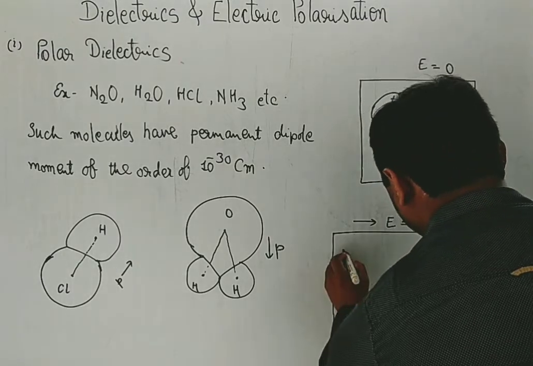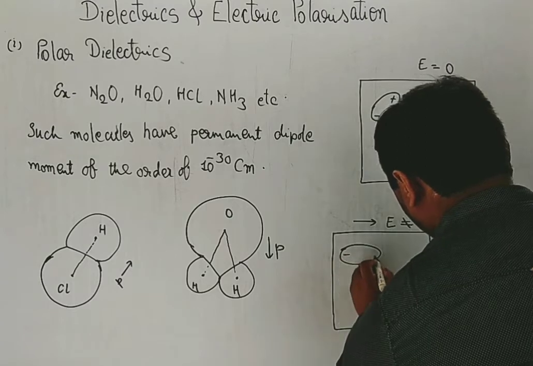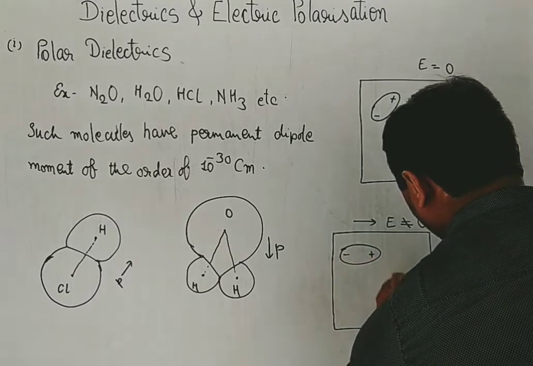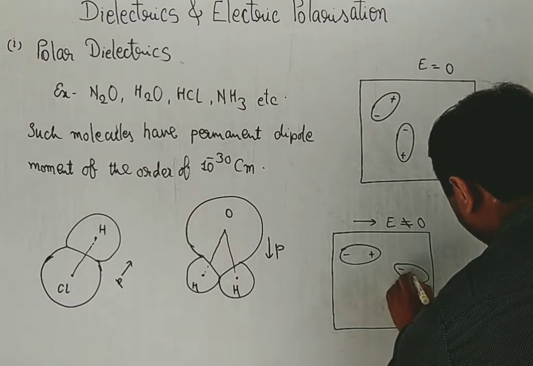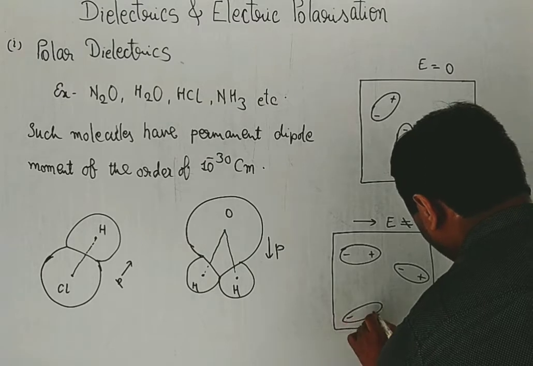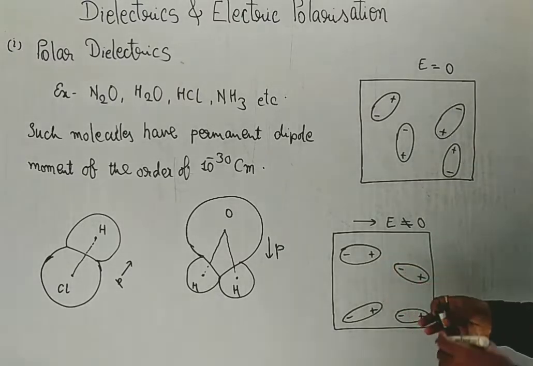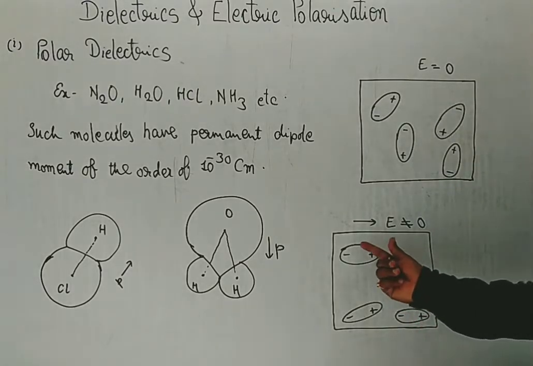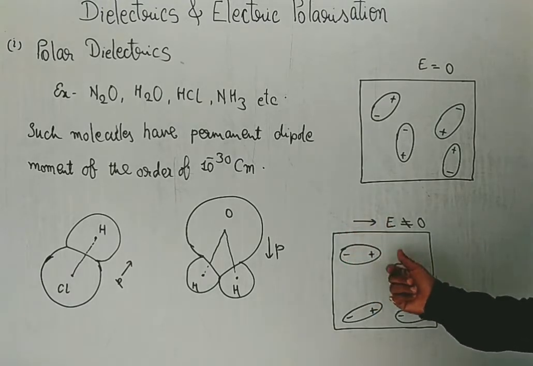And here, suppose we have a molecular electric dipole along this direction. Here this is along this, and here it is along this. As you can see, this electric dipole moment is just along the external electric field.